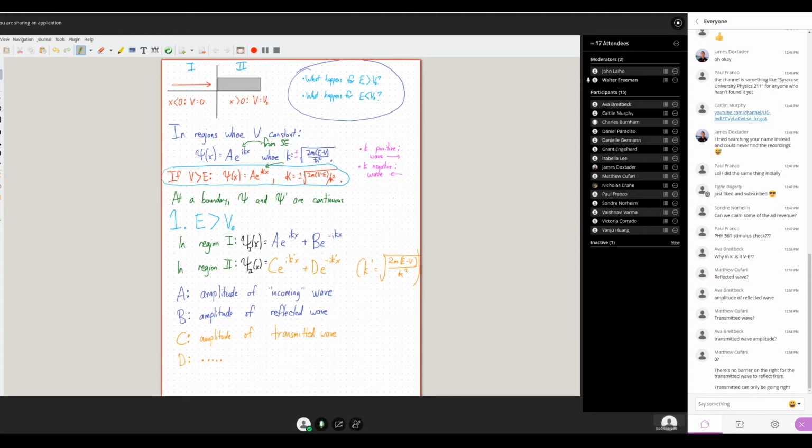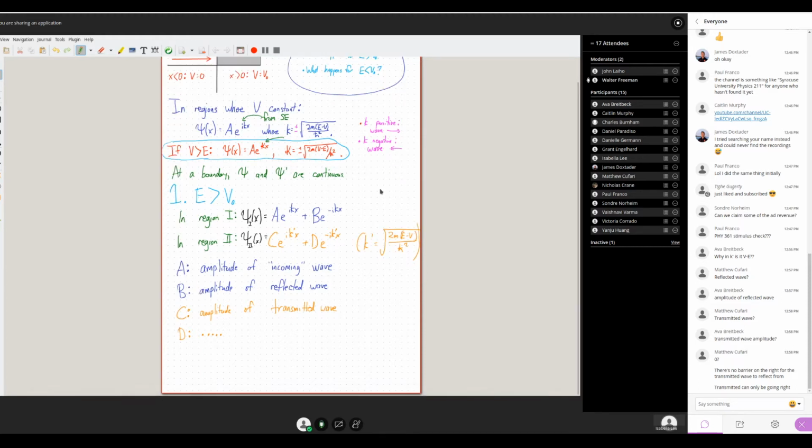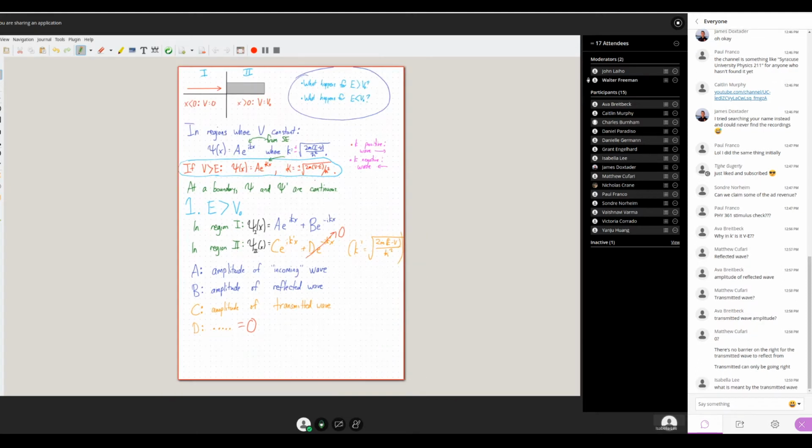So the transmitted wave can only travel to the right. So D equals zero, and we can just cross that term out. In this situation, it's always good to think about what we know and what we're solving for.